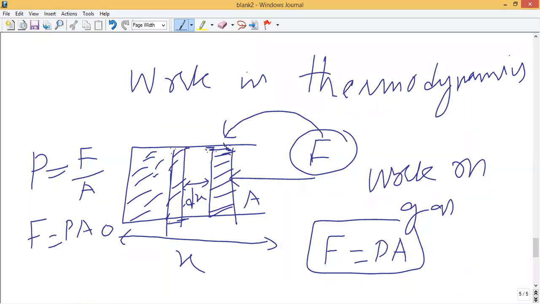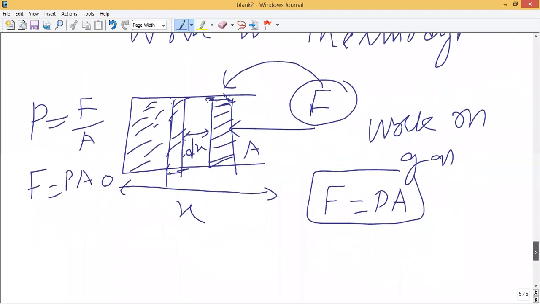So to calculate how much work you are doing, small work dW equals the force that you are applying externally into dx, where dx is the small distance moved. Here your force is opposite to the pressure exerted by the gas.